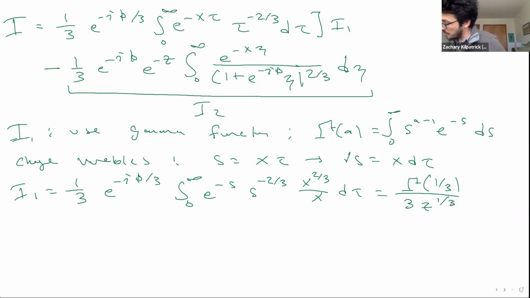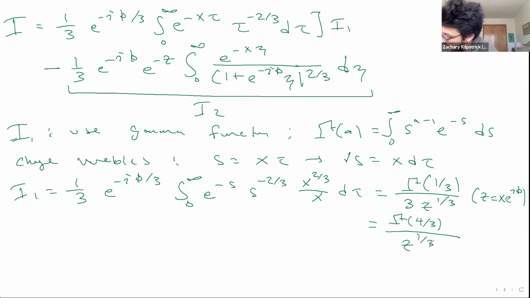Because remember, z is equal to x e to the i phi. The other thing is this is just equal to gamma of 4/3 over z to the 1/3. So great, we got our first integral there.